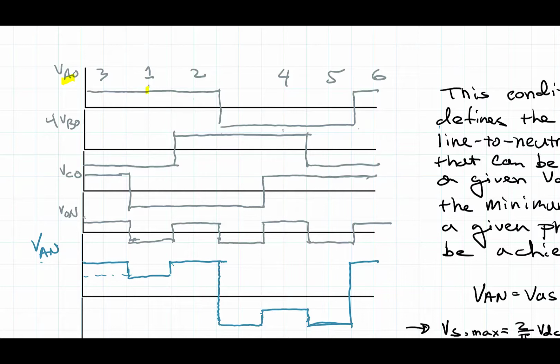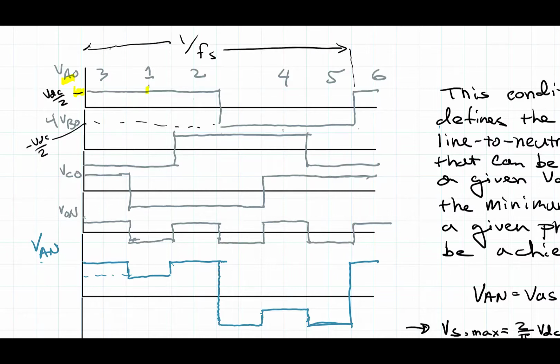This voltage amplitude right here is the DC voltage divided by 2. And then this amplitude here is negative VDC divided by 2. The idea of the pulse width modulation is for me to alternate between these 2 states. But when I'm riding on the outside of the hex, I can only operate in one state or the other, and I'm looking at a period right now. This is a full period right here that would be 1 over Fs, which is 1 over the synchronous frequency that I'm trying to achieve.